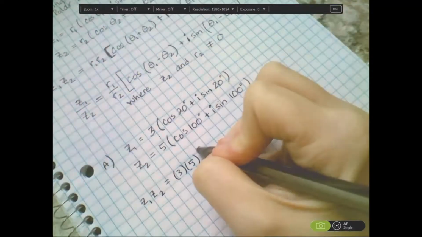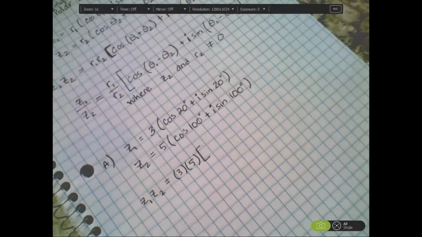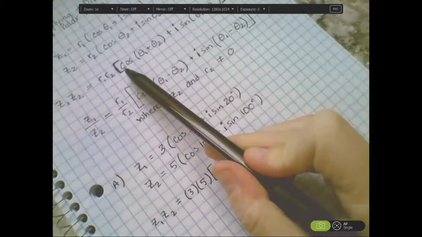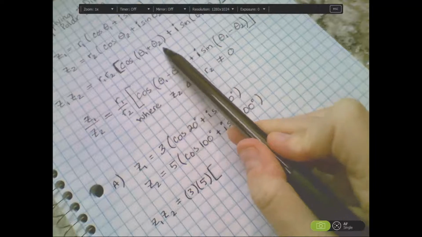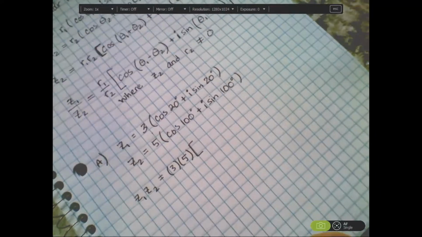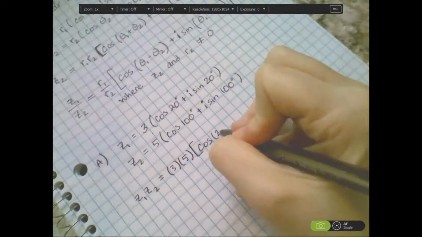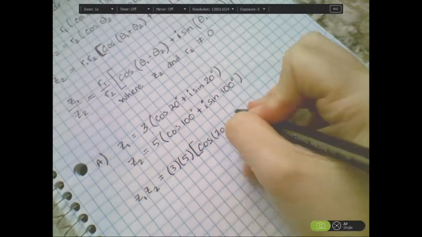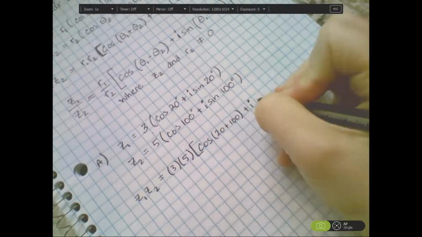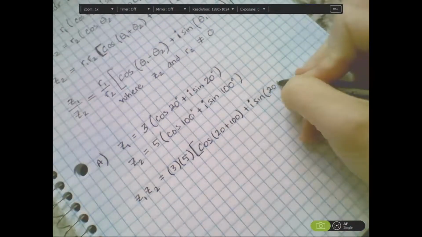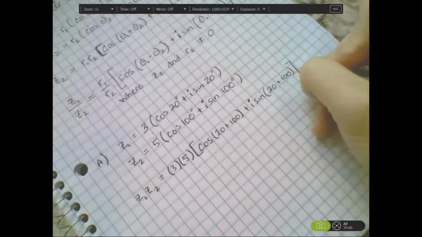And then I'm going to have my bracket. And if I look back up at my formula, it tells me that I'm going to be taking the cosine of the two angles added together. So this is going to be the cosine of 20 plus 100. And then I've got my I, and then sine of 20 plus 100 over here.